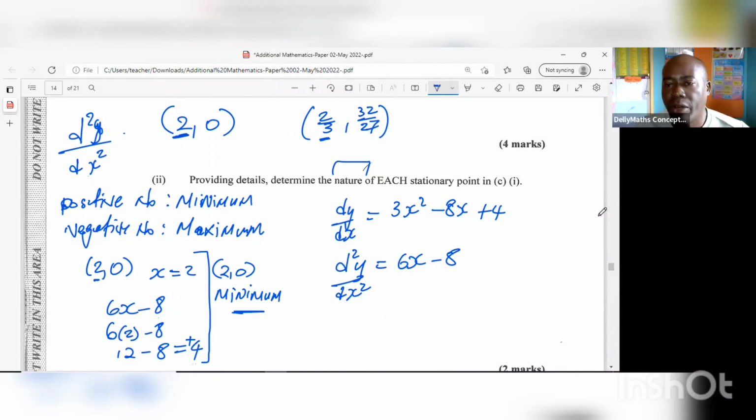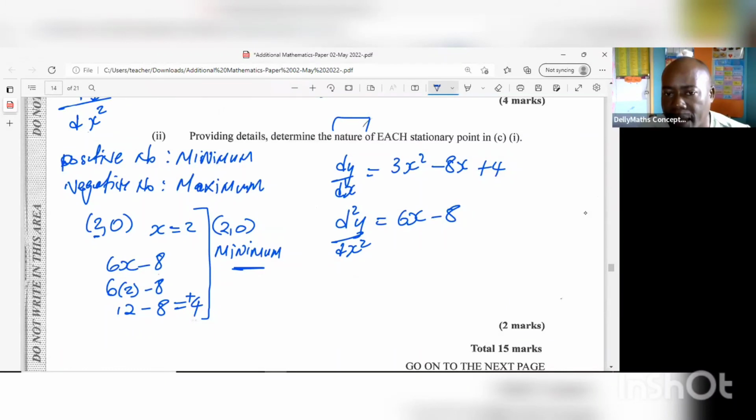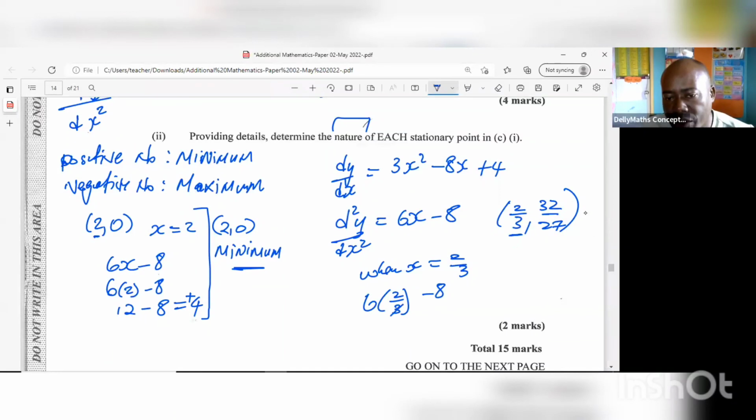All right. Now let's go for the next one here. I want to look at my (2/3, 32/27). The focus is on when x is equal to 2/3. So I'm going to substitute that 2/3 here. 3 into itself 1, 3 into the 6, 2, 2 times 2 is 4, minus 8, and that will give me minus 4.